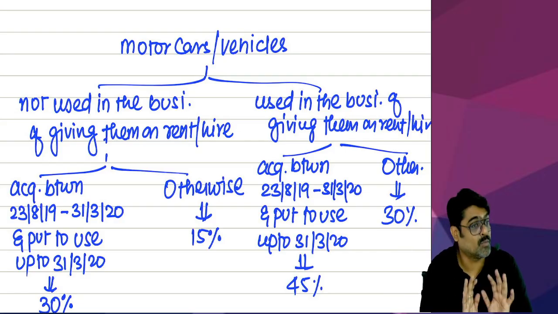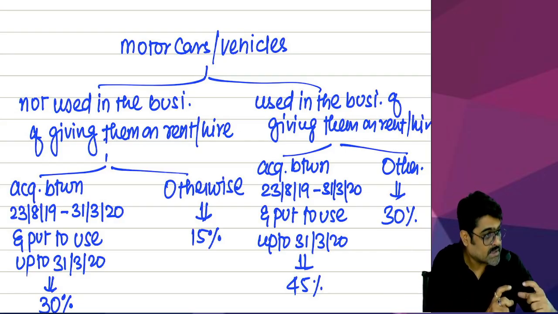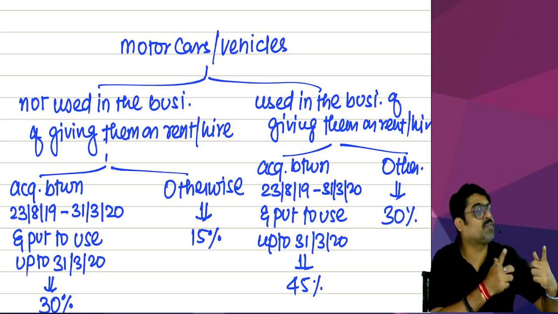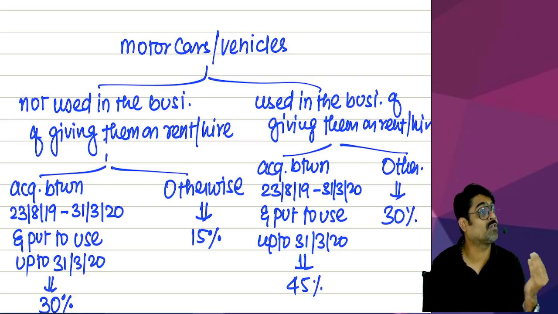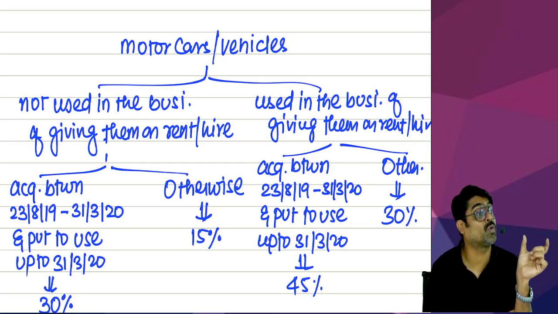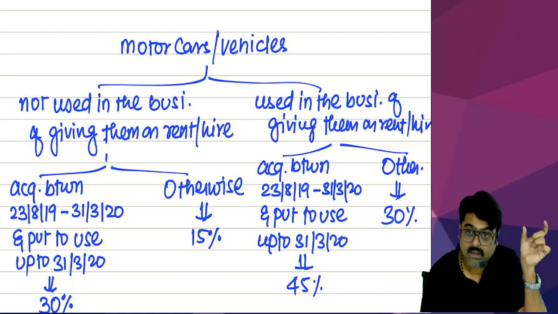But if these motor cars were purchased and put to use during the specific period, then the rate was 30% and 45%. But only in the case of those motor vehicles which were purchased and put to use during that specific period, this block was there.